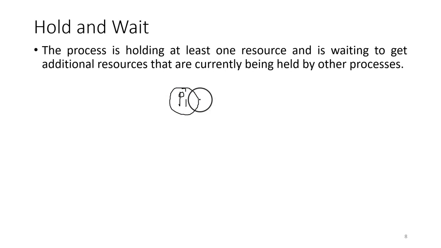Process P1 has held resource R1. So this condition is known as hold condition. Means resource R1 is assigned to process P1 and process P1 is asking for another resource, that is R2.